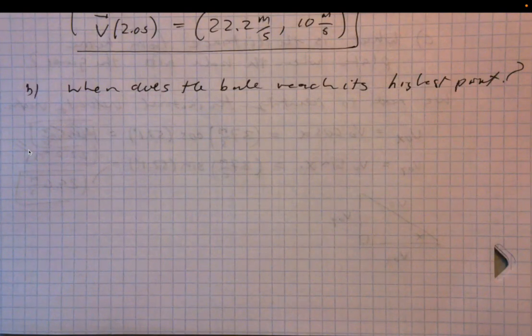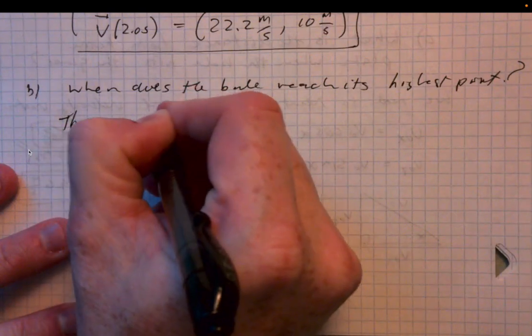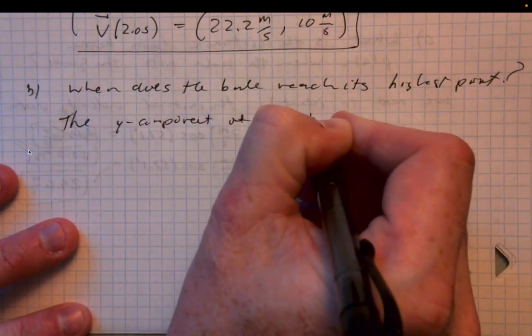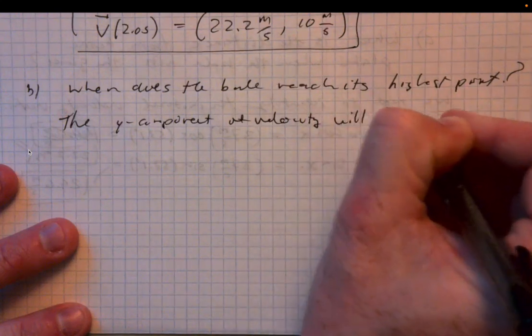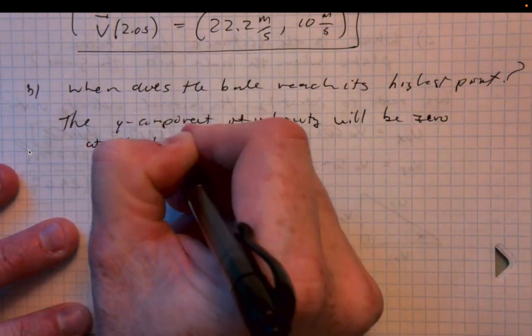The way to think about it is to recognize that the y component of velocity is going to be 0 at the highest point in the ball's trajectory. So the y component of velocity will be 0 at the highest point.